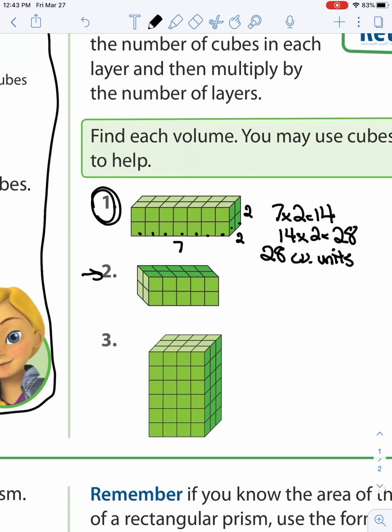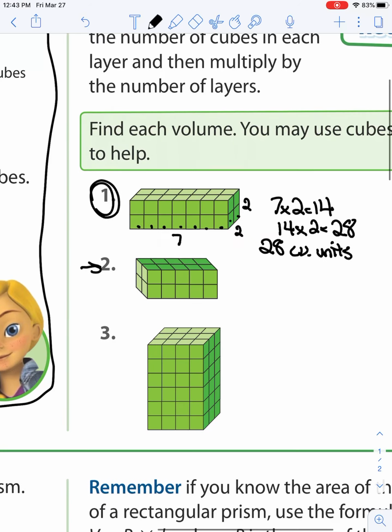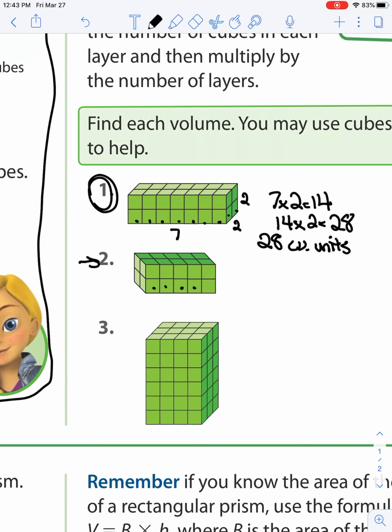Number 2, same thing. Length times width times height. The length is 5, the width is 2, and the height is 2. 5 times 2 times 2 equals 20 cubic units. Number 3.